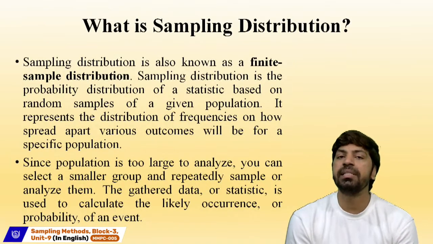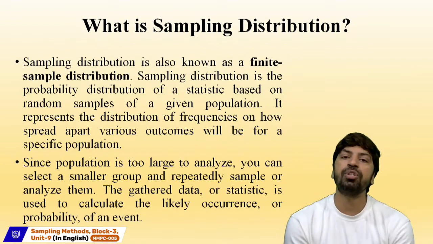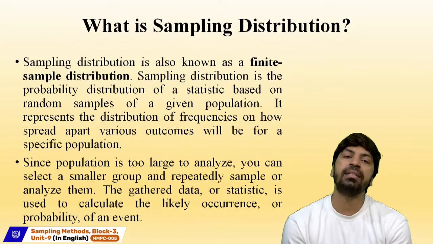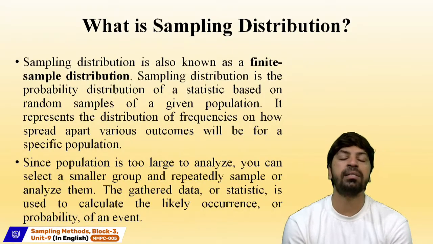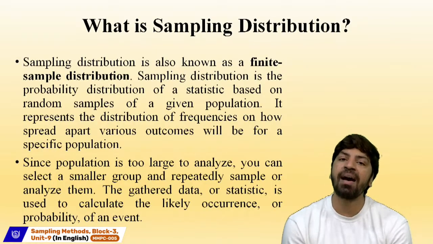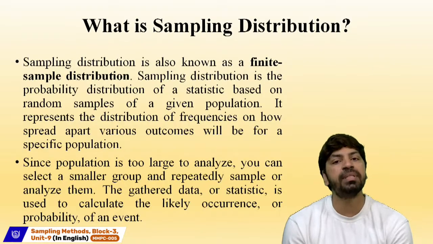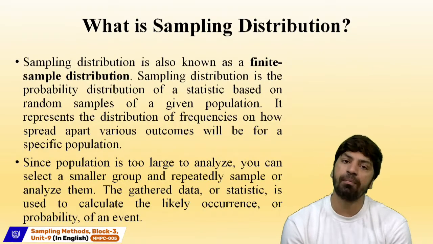The next concept is a sampling distribution. Sampling distribution is also known as the finite sample distribution, and it refers to a probability distribution of a sample statistic which is based on the random selection of the given population.